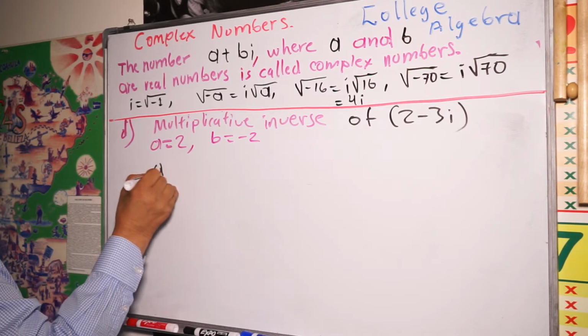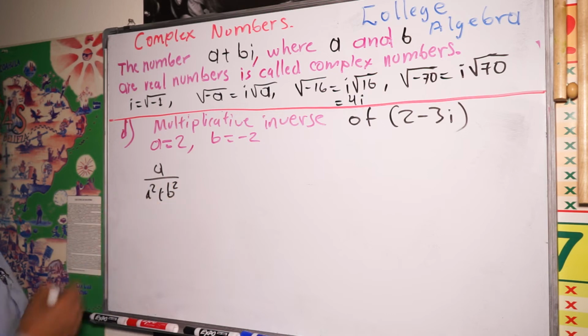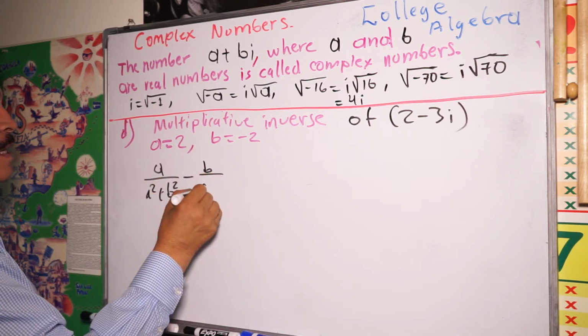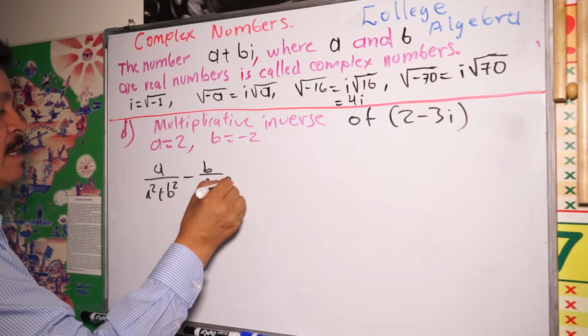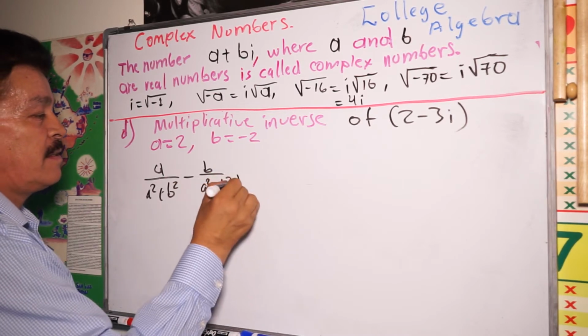You have A divided by A squared plus B squared, minus B over A squared plus B squared times i.